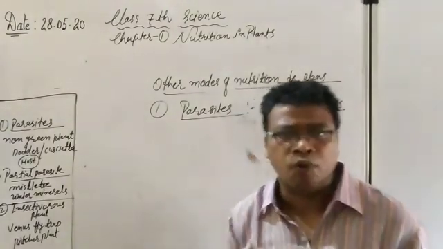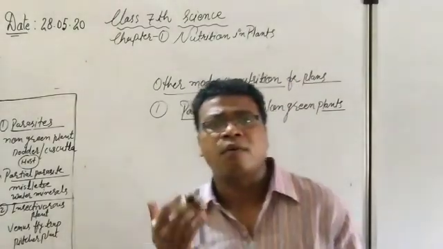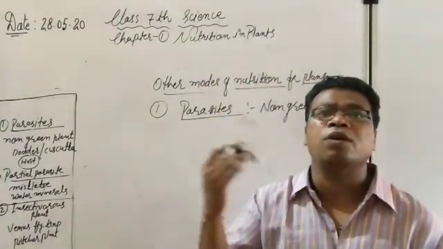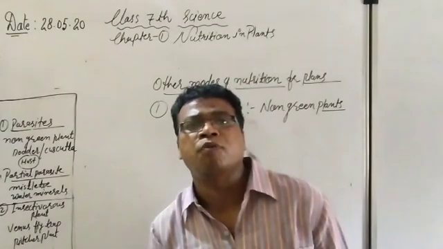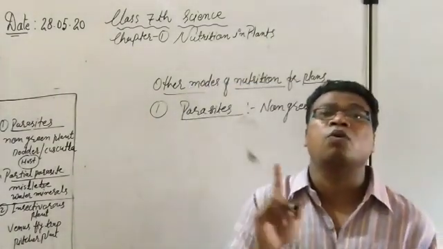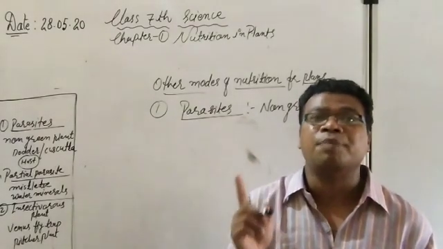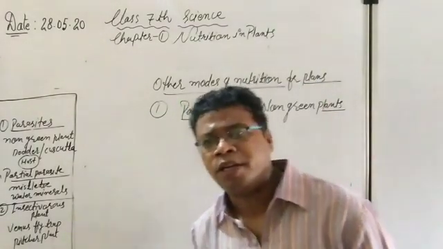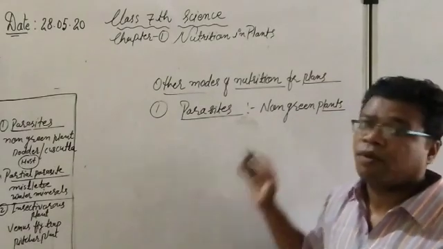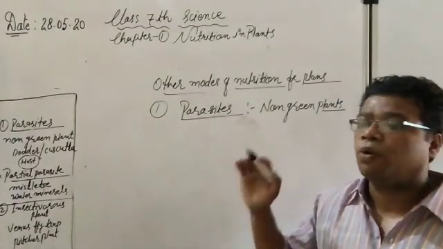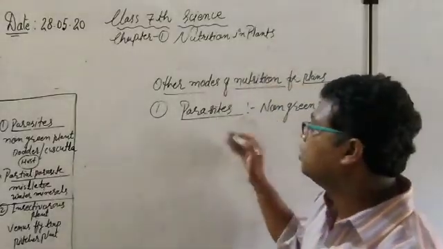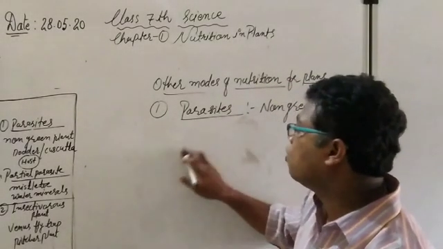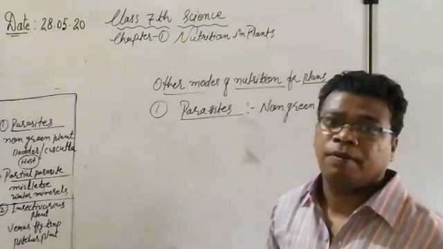They don't have chlorophyll, and that's why they have not the ability to make their own food. Why? Because for the preparation of food, what is the most necessary thing? Chlorophyll. Chlorophyll is a green pigment. So there are so many non-green plants, and because they don't have chlorophyll, they don't have the ability to produce their own food, and that's why they are found on some other plants.